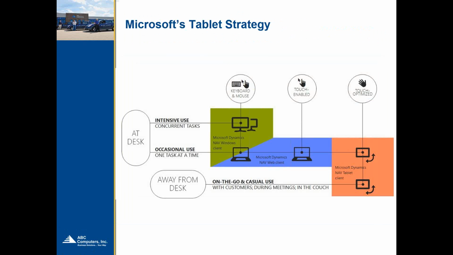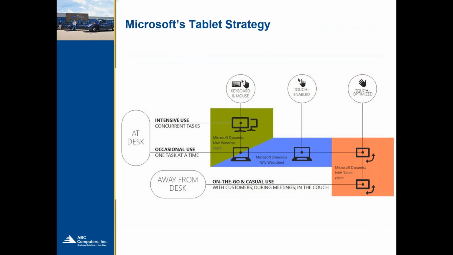It supports multiple monitors, multiple windows, launching reports, transacting. So that type of user is going to use primarily a keyboard and a mouse to do their work, and that is the most robust client that they offer.